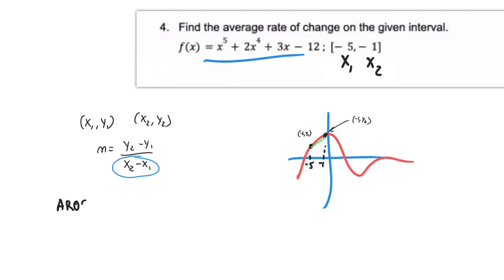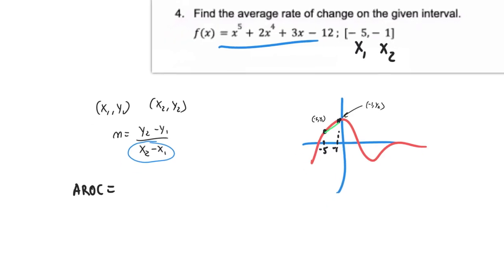Now, I'll just tell you that the average rate of change, a lot of teachers call it AROC, okay, average rate of change. And a lot of teachers actually would call this interval, they would call this A and this B, okay? So we're going from A to B. And many teachers and textbooks would say that the formula is exactly like the slope formula.